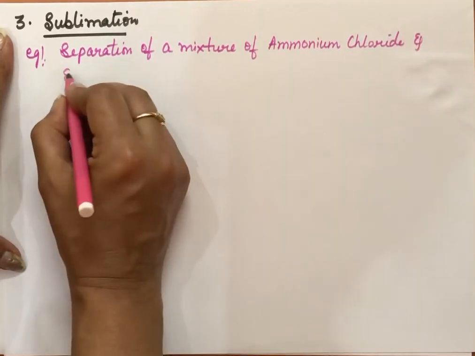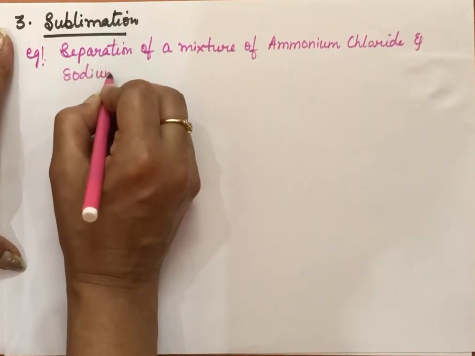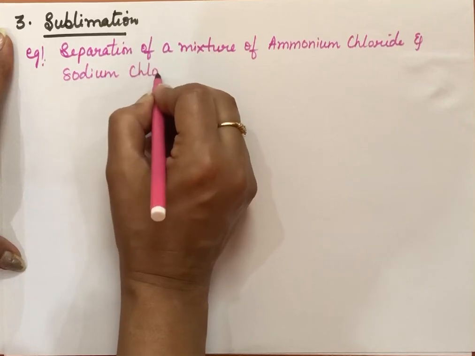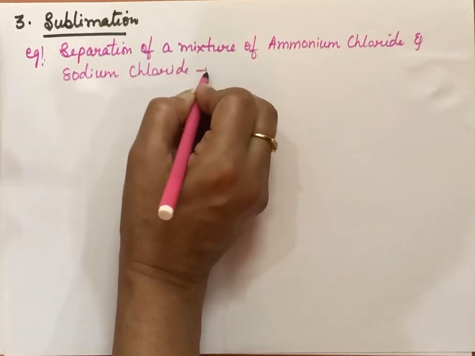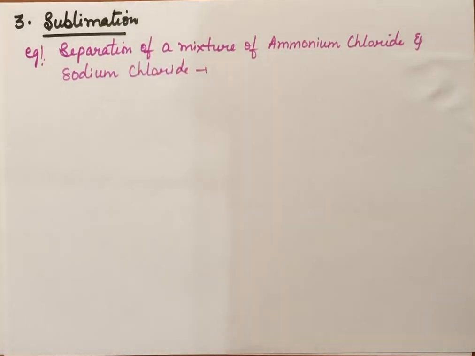So when we have a mixture of ammonium chloride and sodium chloride, we know that ammonium chloride undergoes sublimation. That is why we're taking the help of this technique here.